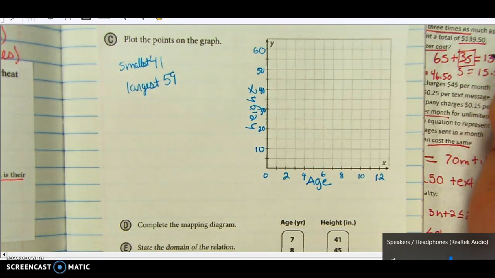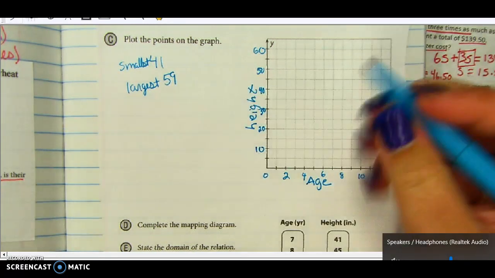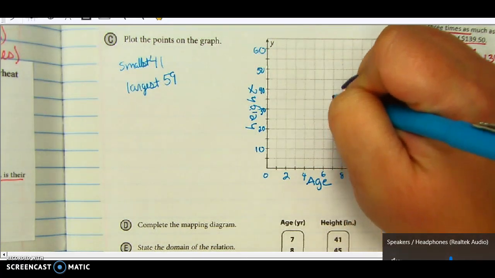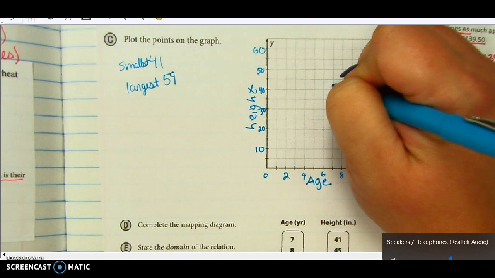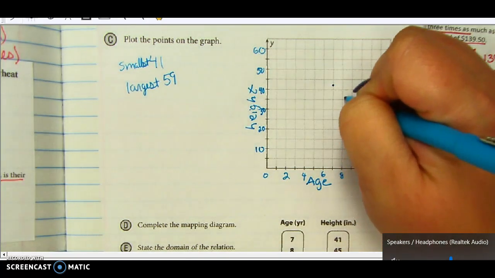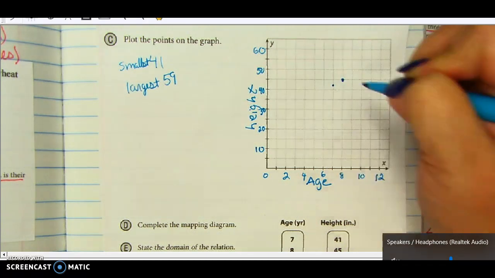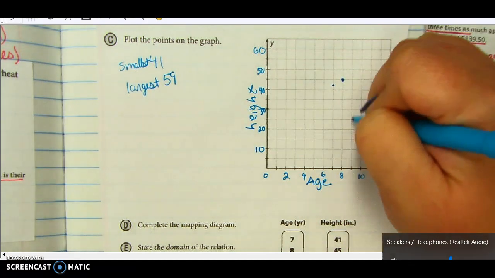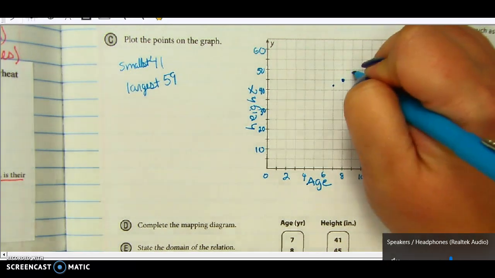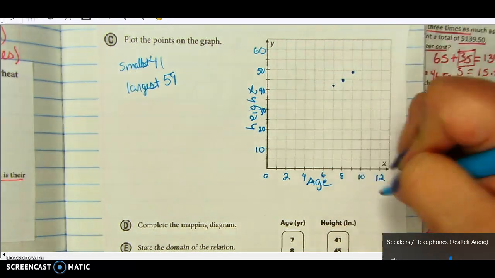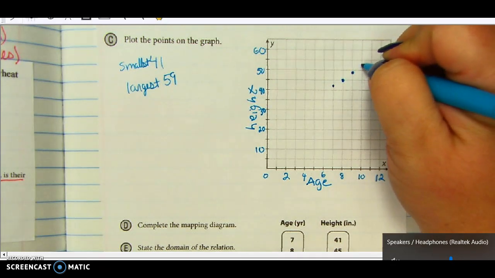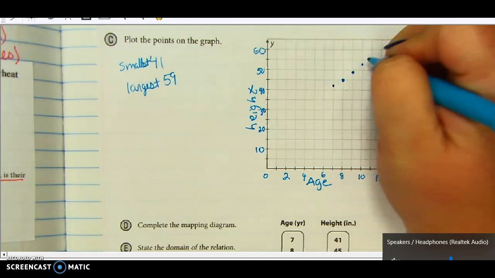Now I just need to plot the points. And again, the points are over in our table. The first one was 7, 41. So that'll be right around there. 8, 45. That would be there. 9, 49. 10, 52. 10, 53.